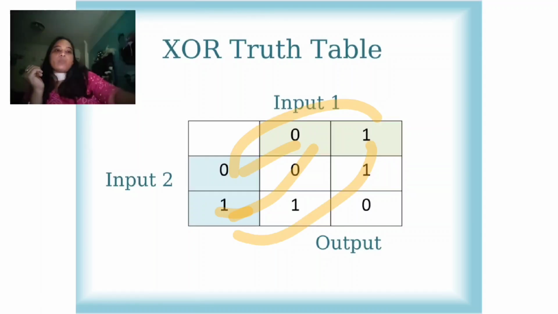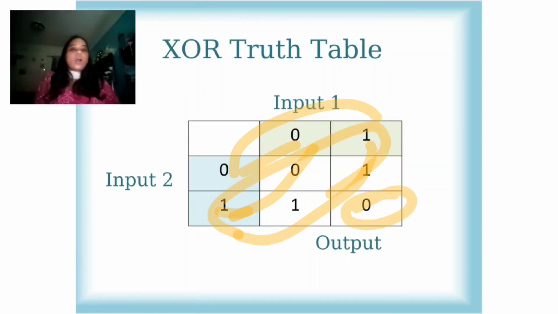Here both inputs are on, so the result is 0. That is your output.